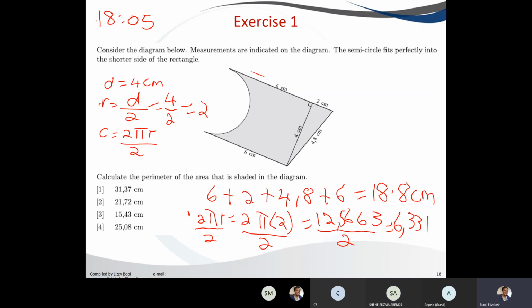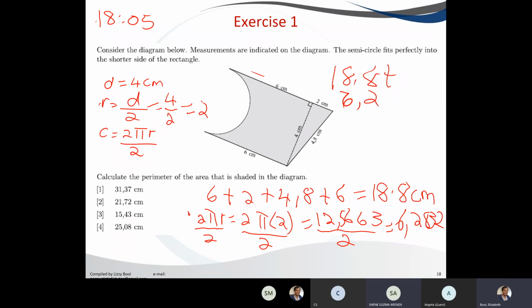You have to take that and divide it by 2, which should give you 6.2832.